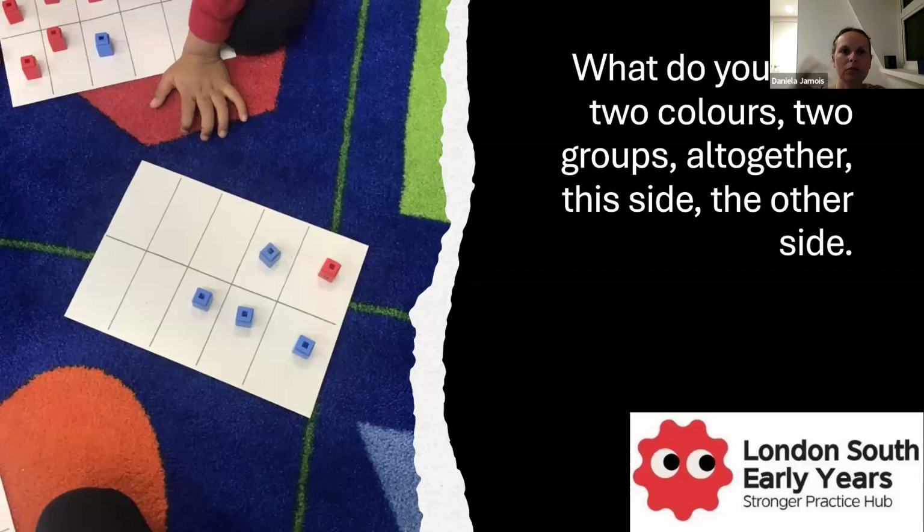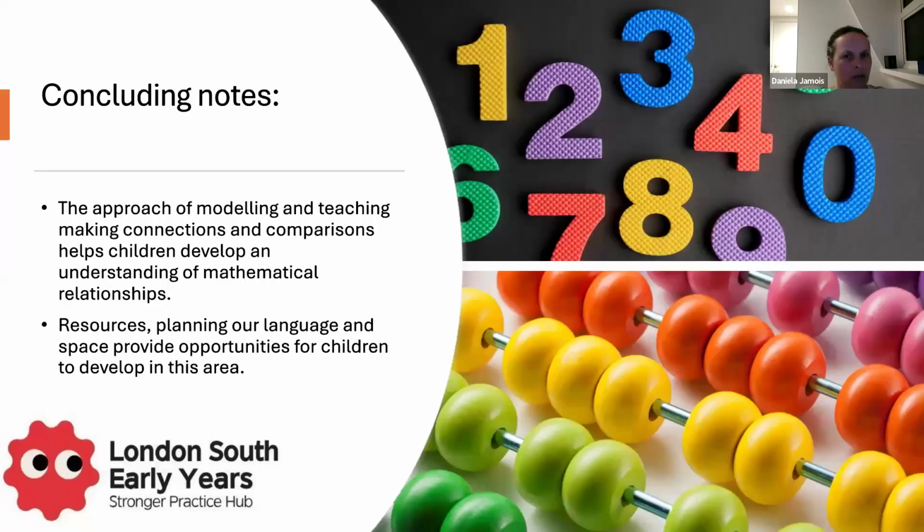So you can use activities to support your counting, or if you're wanting them to have their attention drawn to sameness and difference, it really is about how you interact and those questions that you use and the narration that you use, and adapt it according to the area that you want to emphasize.